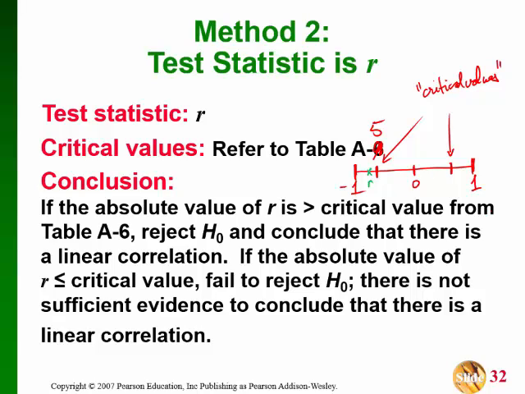But if you take a look at the absolute value of that, it's going to be greater. So that's what they mean by the absolute value. But you can totally avoid this information because it's really not that necessary. And again, I'm going to try to push you towards using the p-value method because our calculator does the p-value for us.